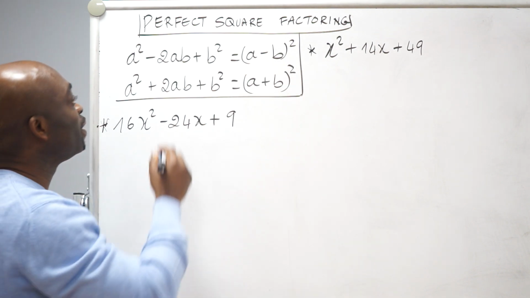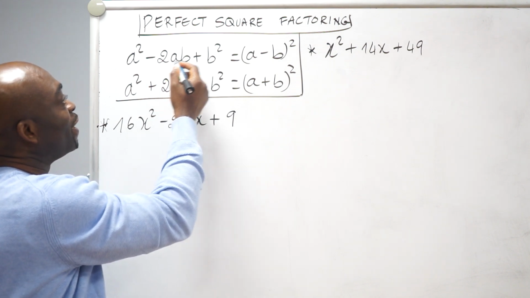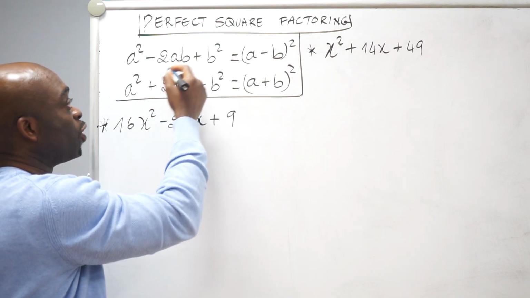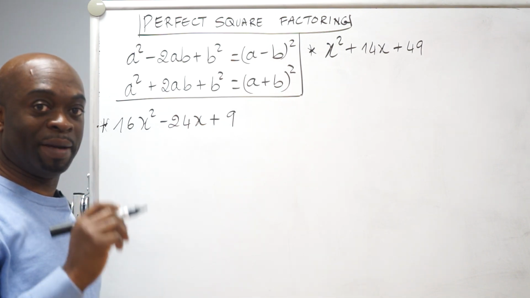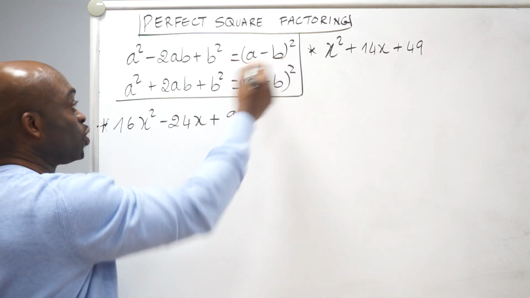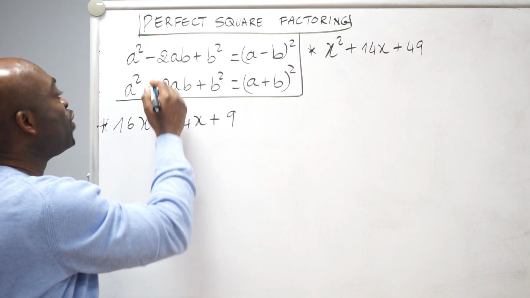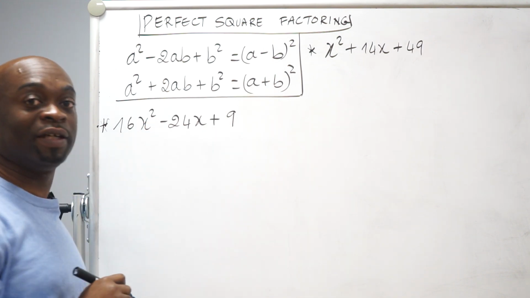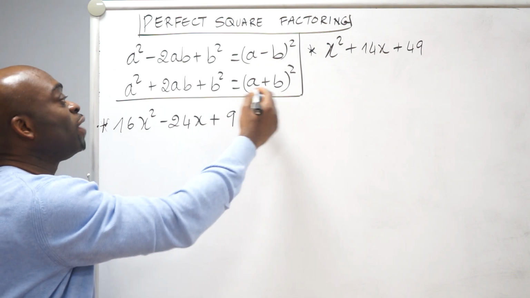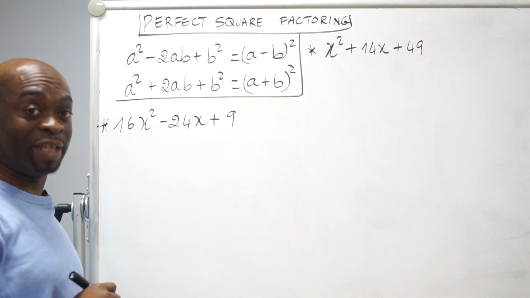As you can see, when you have a negative sign in the middle term, your answer contains a minus sign between the two terms a and b. And if you have a positive sign here, then you also have a positive sign between the two terms in the answer as well, okay?